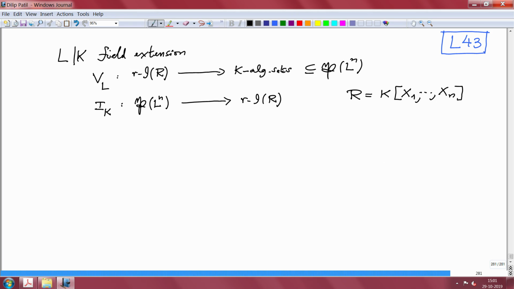And this we have actually defined from any ideal, but it depends only on the radical of that ideal. And what is HNS1?